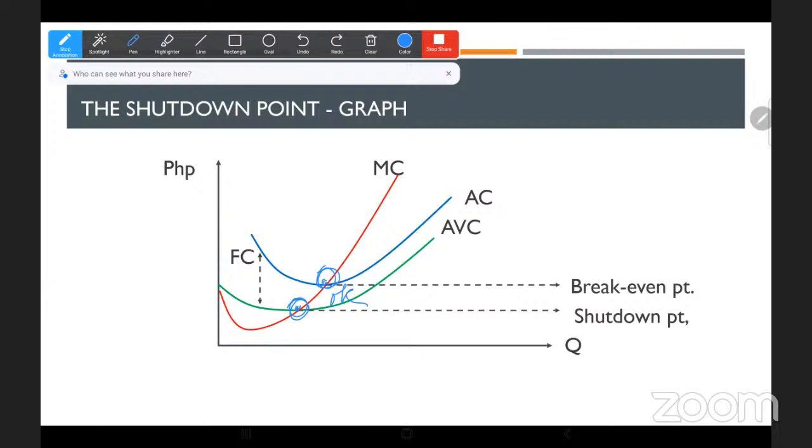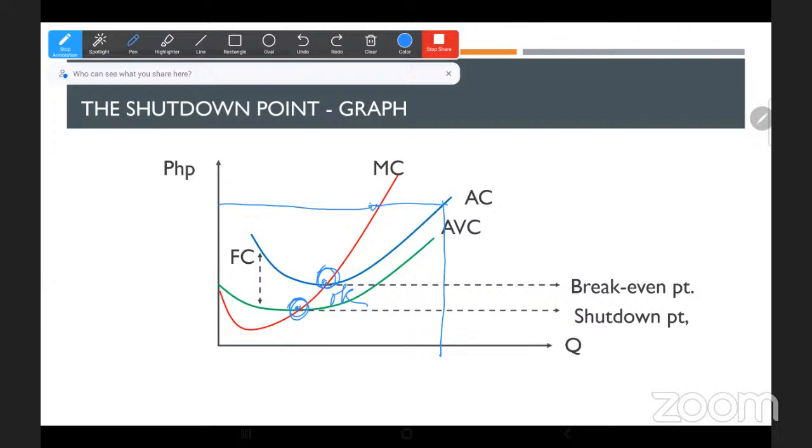Kasi the price is high. Ibig sabihin, it can generate enough revenue to more than cover the total cost. Kasi di ba, a price for instance here is enough, it will generate enough revenue to completely pay for the average cost, etc.